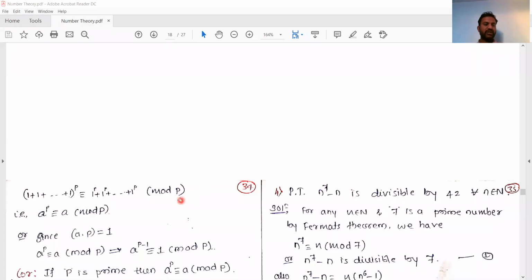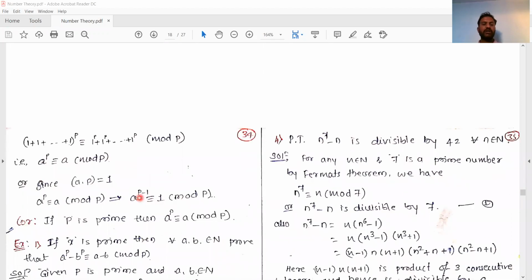As you have taken 7 as a prime number and a equal to 4, a raised to p minus 1 is congruent to 1 mod p. 4 raised to 6 we are getting as 4096. And if you divide that by 7, we are getting remainder 1. So therefore a raised to p minus 1 is congruent to 1 mod p.